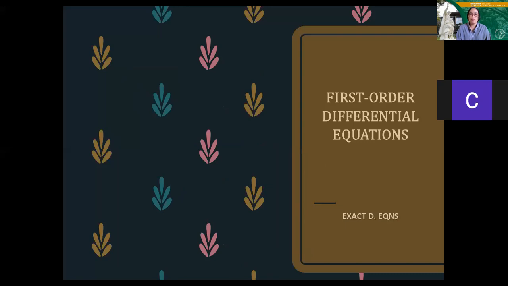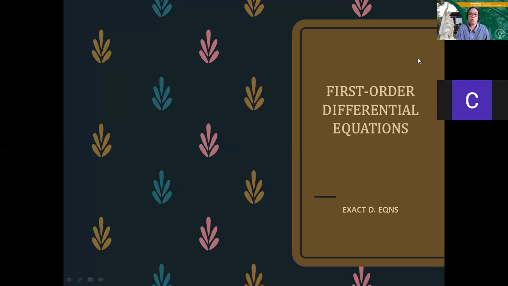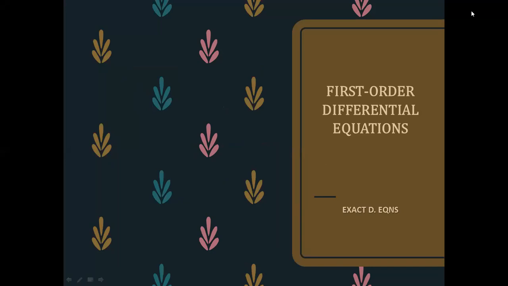Okay, so we are now on first order differential equations, but this time we're not talking about separable first order differential equations nor homogeneous first order differential equations. So now we'll be talking about exact differential equations. Just like the first two, in separable differential equations, you first need to determine whether your functions are separable in such a way that each goes with a differential which contains its particular variable.